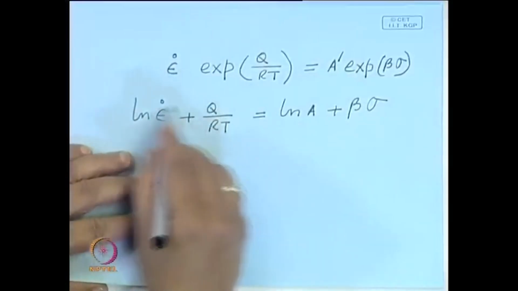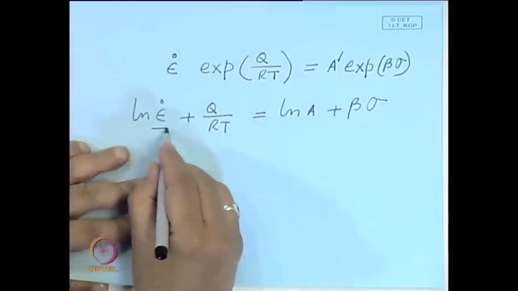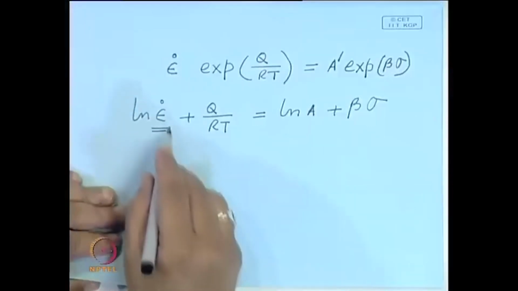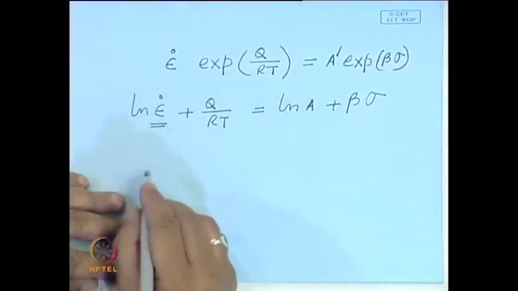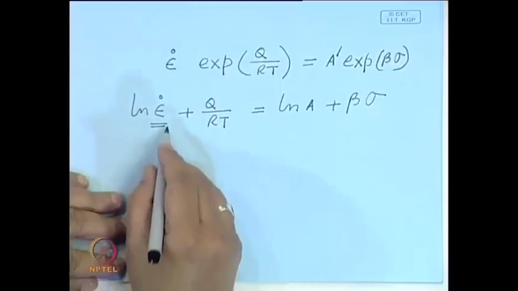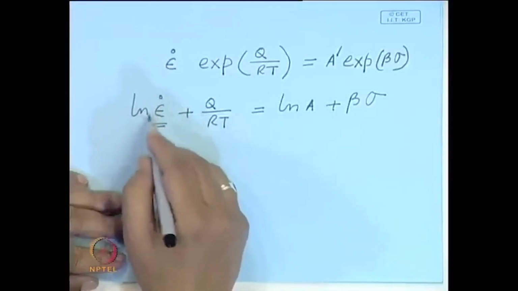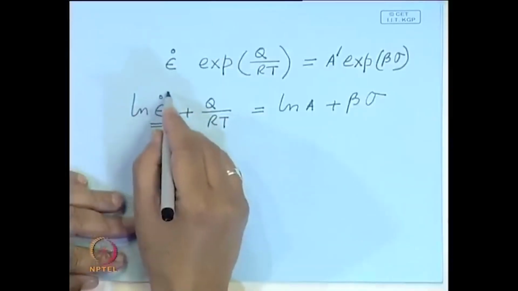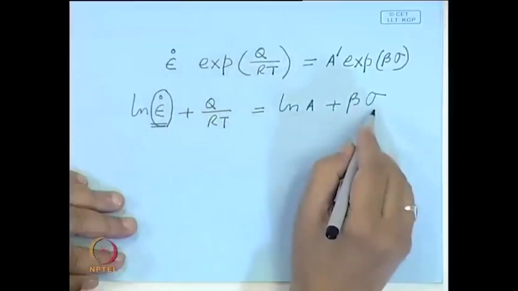So far we were looking at the process of deformation at constant strain rate. Suppose we increase the strain rate. Different types of forming processes may have different strain rates. There is a forming process called explosive forming, where the strain rate can be several orders of magnitude higher than in normal deformation processes. So, it is quite important to know the effect of strain rate on flow stress.